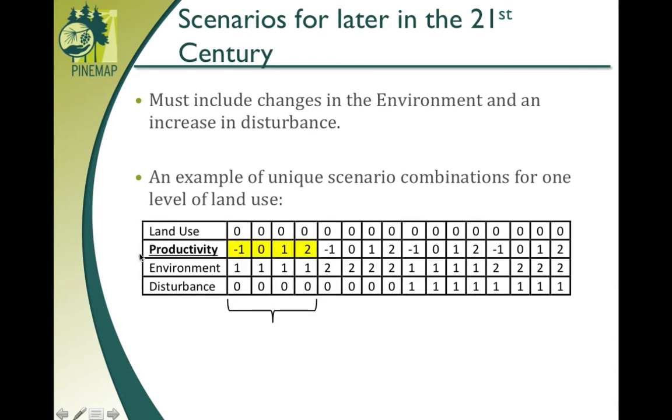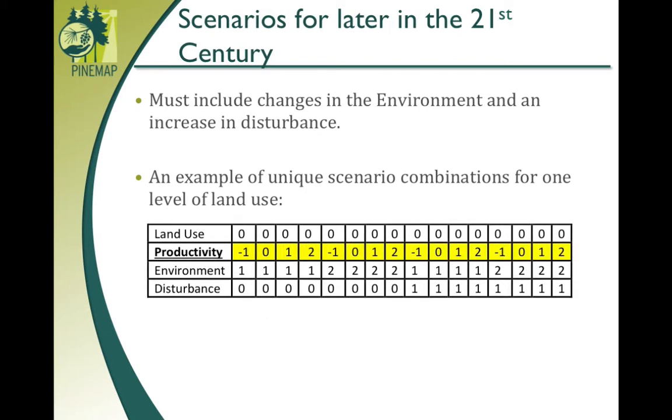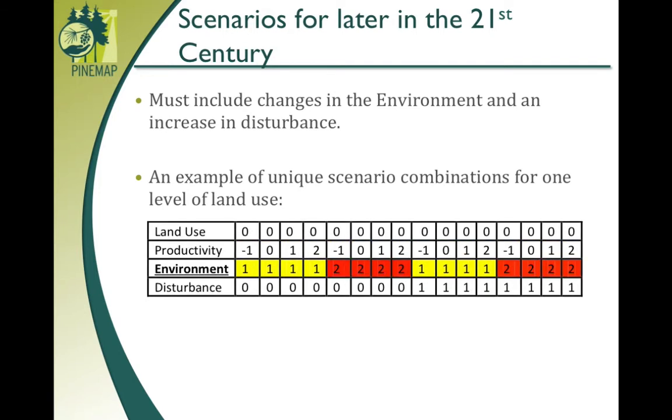And so then what we're really focusing on here is how does productivity change, and how is that related to the environment or the climate, and how is that related to disturbances. And so in order to understand something like that, well, we have to look at this over a wide range of conditions. As I said, there's 16 possibilities in this particular set, and that's because we have environment change. In other words, the climate will be changing as the century goes on.